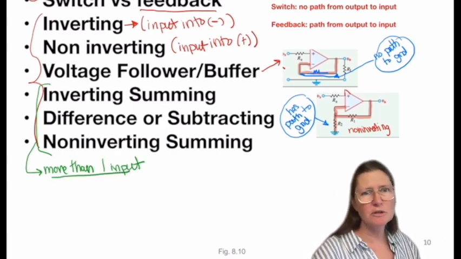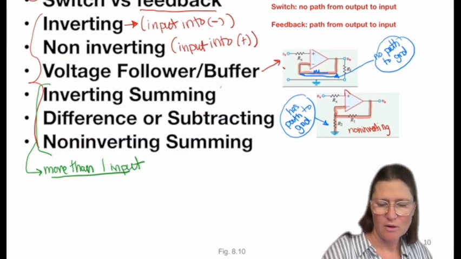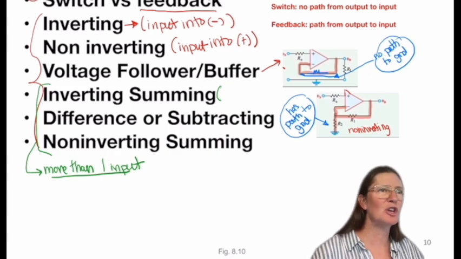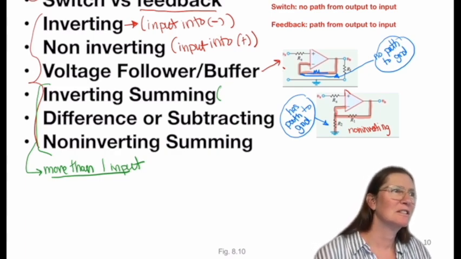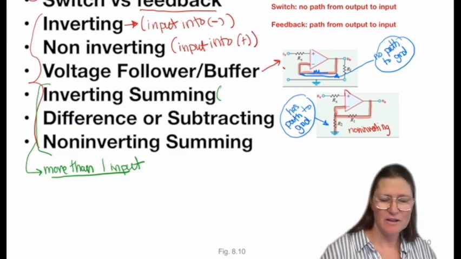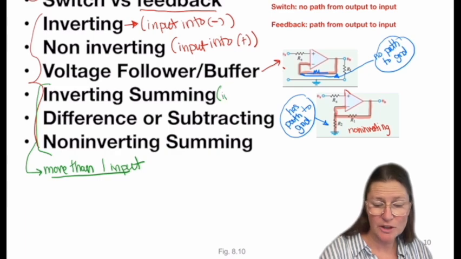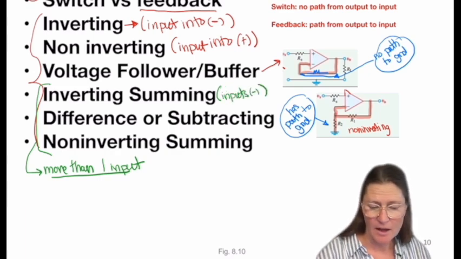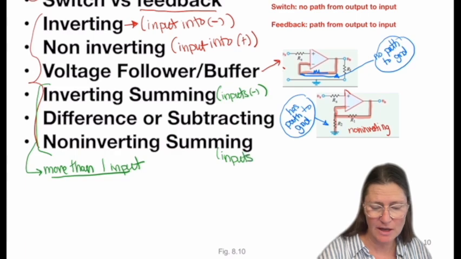Inverting summer. Where do you think the inputs are coming into? Correct. So inputs are into the negative side. And then for non-inverting summer, it's going to be the inputs into the positive side.